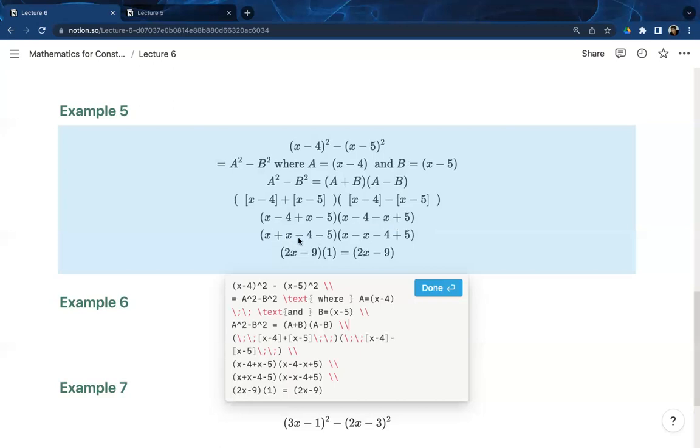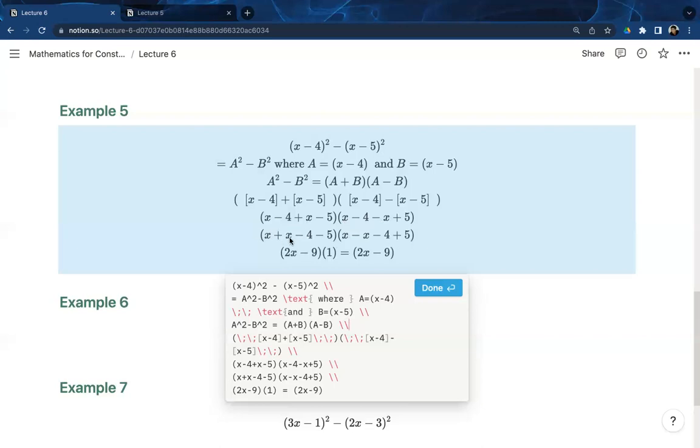Now how do I get x plus x? Where did this 2x come from? Isn't there x, a minus 4, and an x? I just rearrange the terms. I just say x plus x here, and a minus 4 and a minus 5 here. Similarly, the x and a minus x, you see them here. I rearrange them, I collect like terms together. This is what we did last week. So I get this second bracket, the x's cancel, and I get +1.